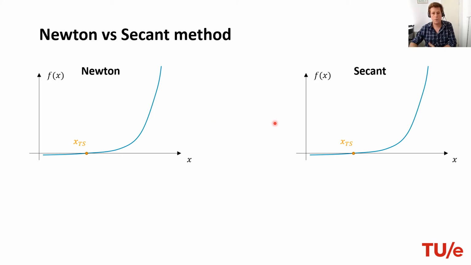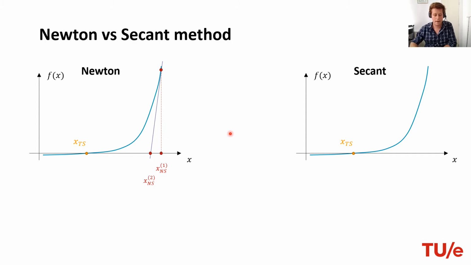So how does Newton's method work? A quick recap. We start from an initial guess, x1 here. We compute the function at that initial guess. We compute the derivative of the function. And then using this triangle, we just say that the new solution will be where this tangent line crosses the x-axis.